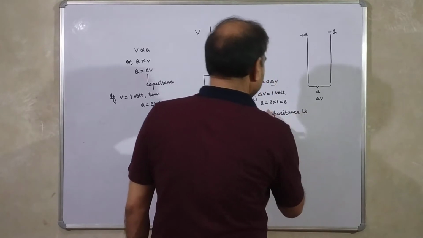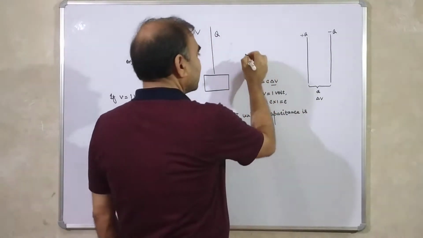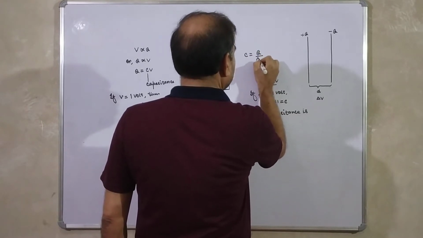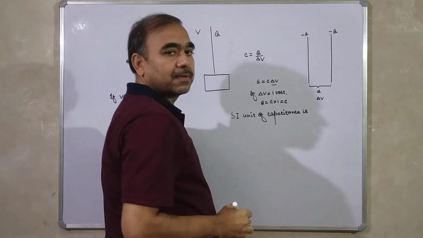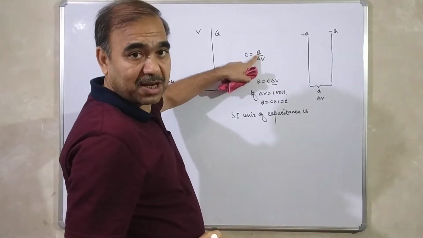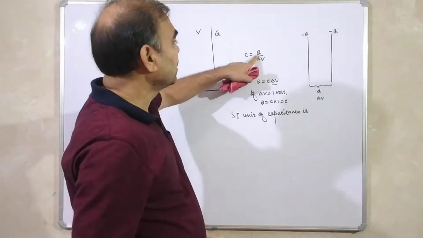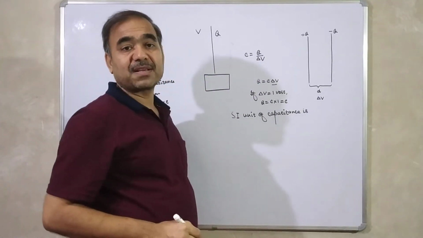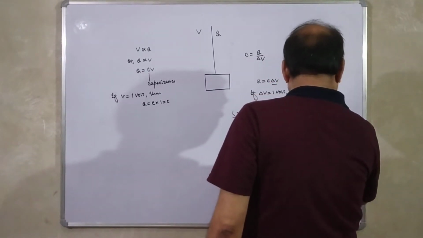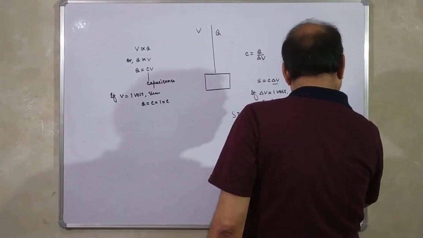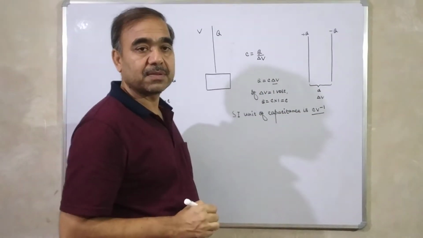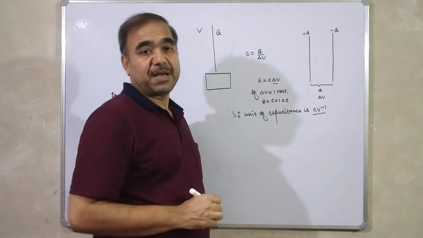Is, see here, from this, C is equal to Q upon delta V. Then Q, the SI unit of charge, that is coulomb, and the SI unit of potential difference, that is volt, coulomb per volt. We write here coulomb per volt. C stands for coulomb, V for volt. C V to the power minus 1.